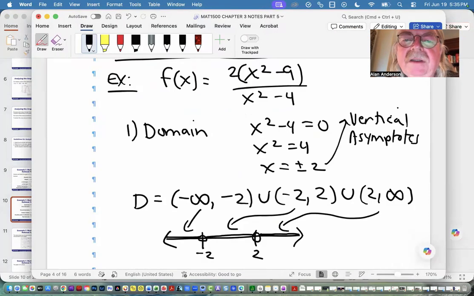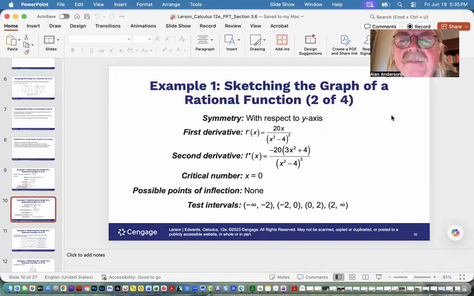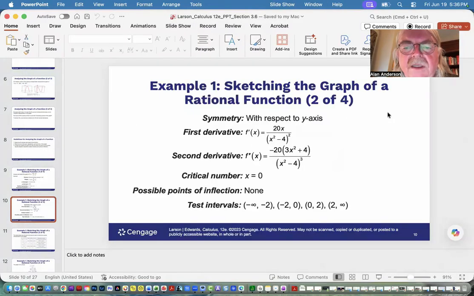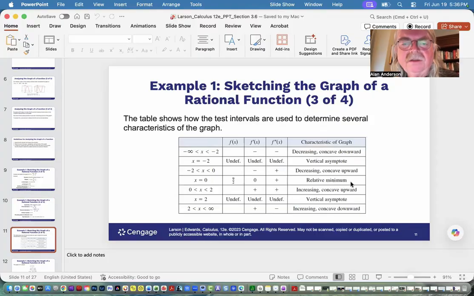Now the symmetry, well, that is with respect to the vertical axis. Okay, so they did the first, second derivative, the critical number is 0, no inflection points. The test intervals are, let's see, what are they doing here?